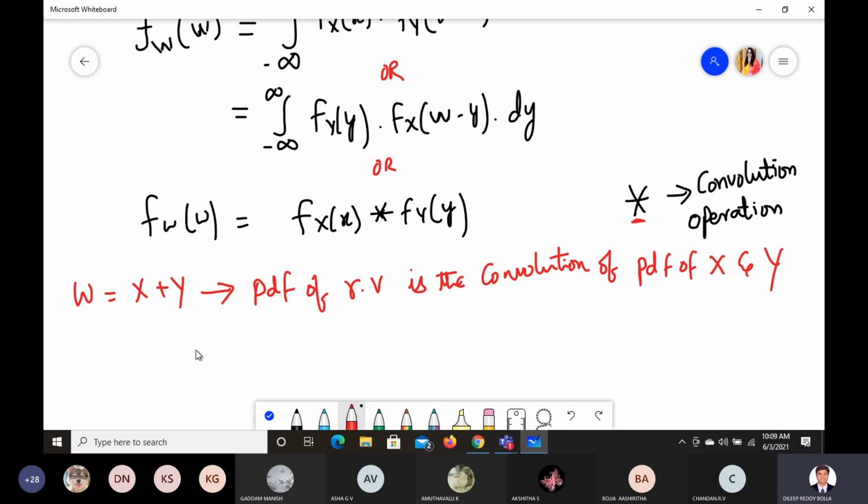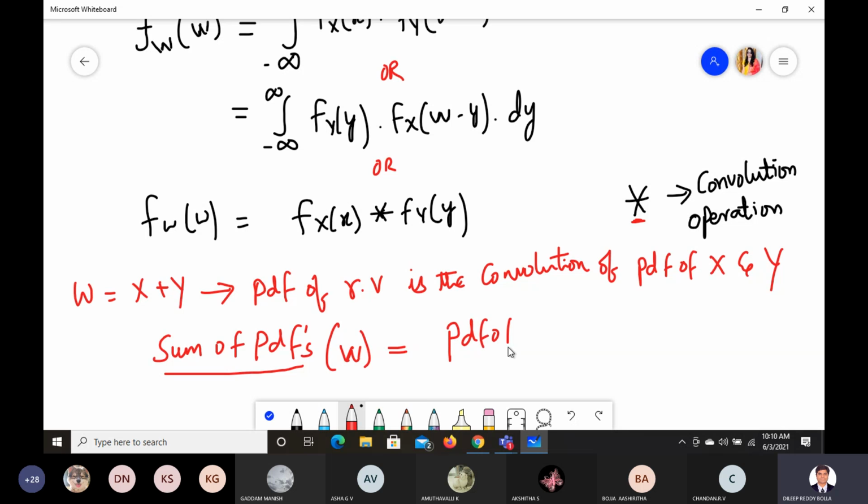So what is the meaning of this? Wherever you want to find the sum of random variables, for W, you have to find the PDF of X and do the convolution operation with the PDF of Y. Okay, that's what we did.